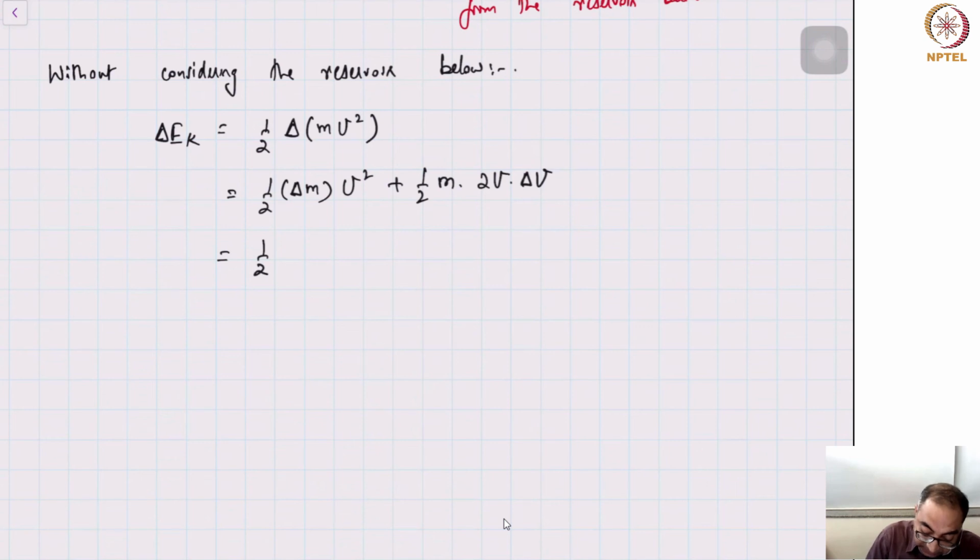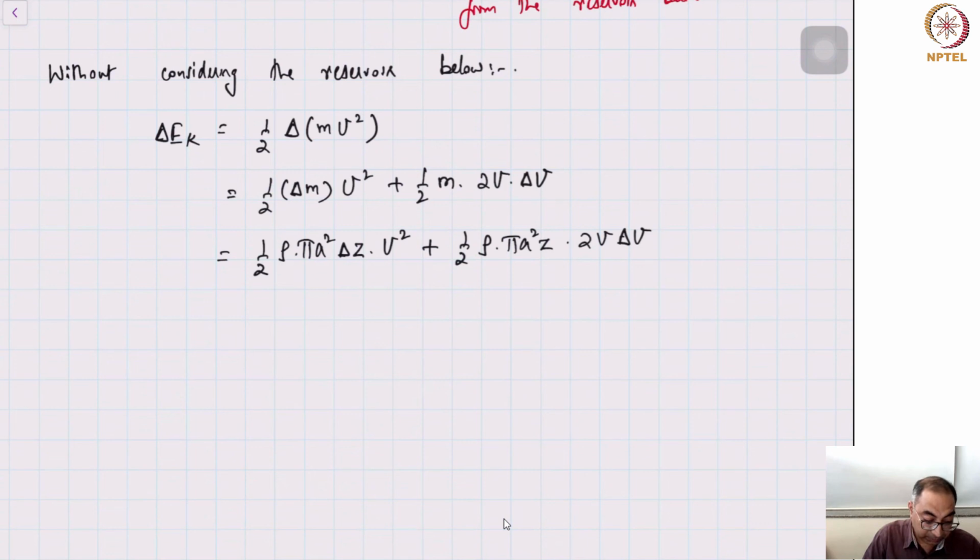So that's density times pi a square delta z times u square. And then I have half m, where m is nothing but density times pi a square z times 2u delta u. Okay.